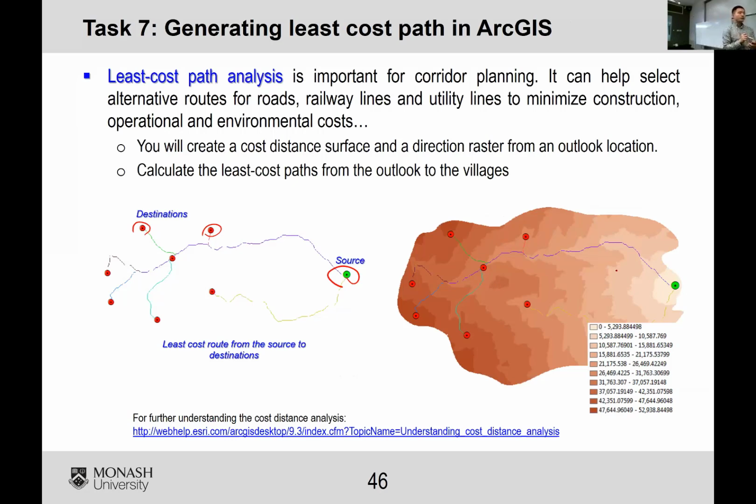So we're trying to find the shortest path or the least cost path from the outlook to each of these villages. Okay? All right, so let's get onto it.